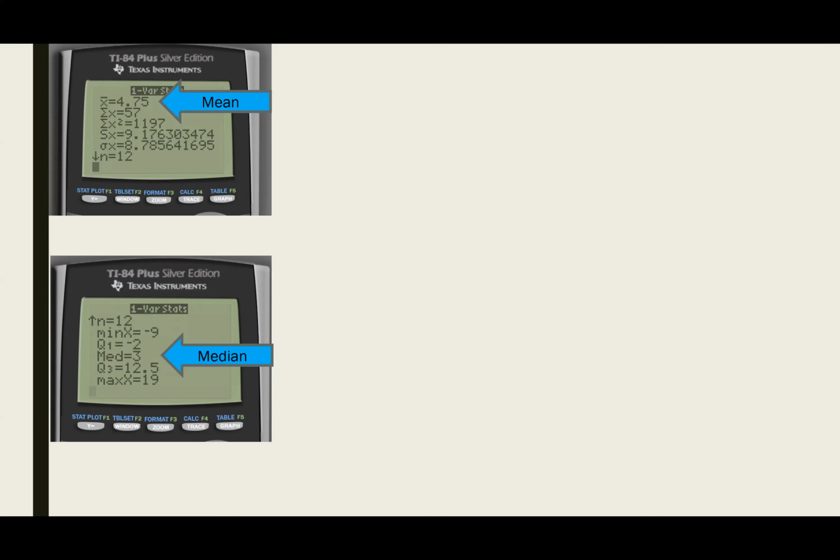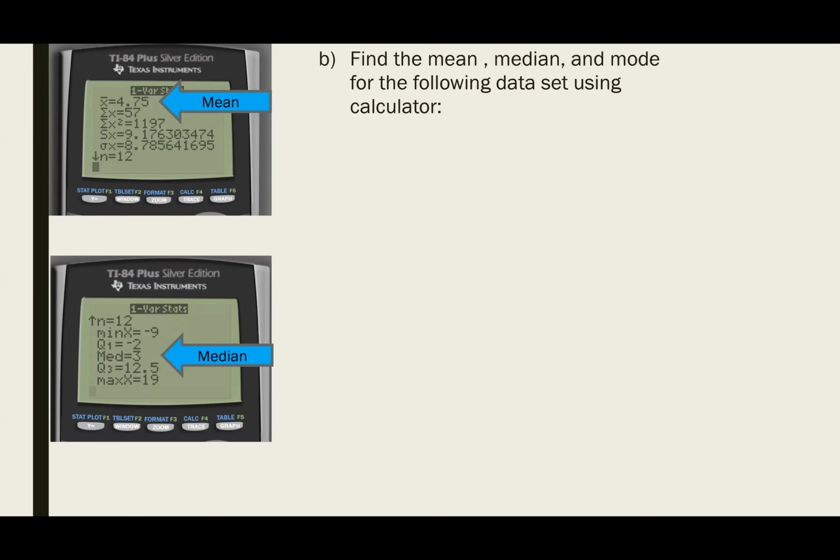The reason why I show you this here is not for that problem. That problem, you can do by hand. The reason why we use the calculator a lot is because most of the time you have a group of data.